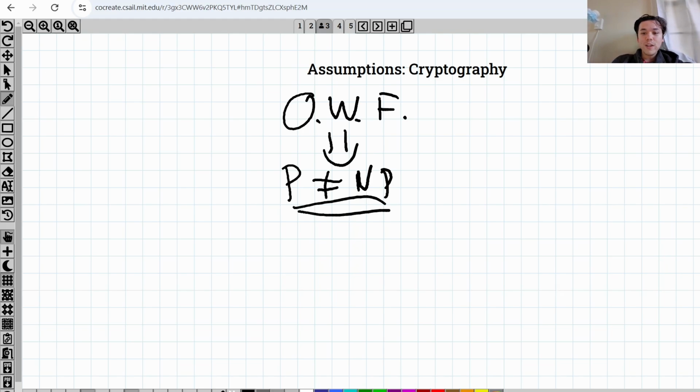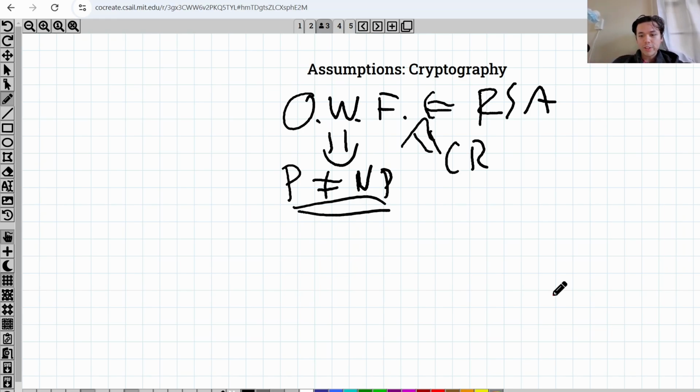Things that need one-way functions include, for example, just the assumption that RSA works, which is the standard asymmetric encryption scheme, would imply that one-way functions exist. The existence of collision-resistant hash functions that you would use for making something like a proof-of-work scheme, like maybe you're trying to make your own cryptocurrency and you're doing something like what Bitcoin does, would also assume that one-way functions exist.